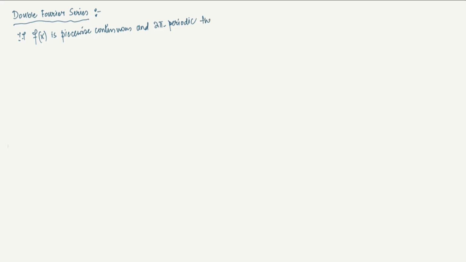The Fourier series of f of x is essentially a naught plus the summation from n equals 1 to infinity of a n cosine nx plus b n sine nx.